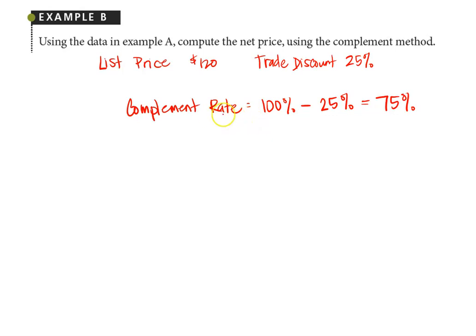Now that I have my complement rate, I'm just going to multiply that by my list price. So my list price times my complement rate is my net price.